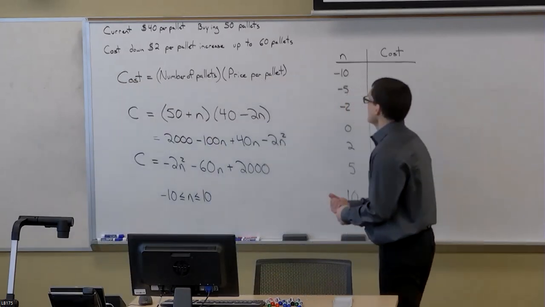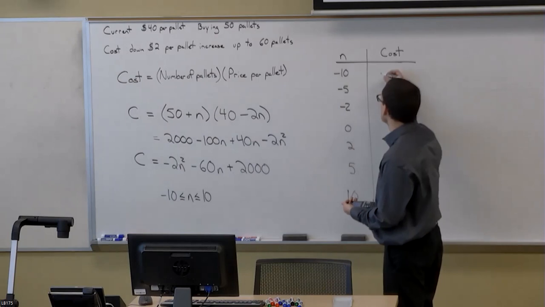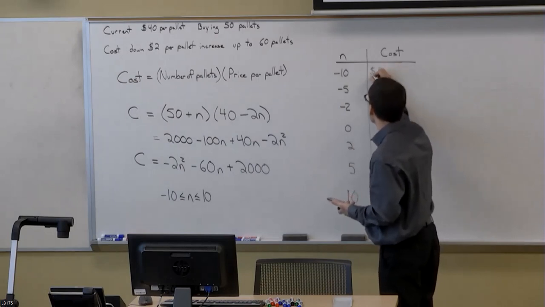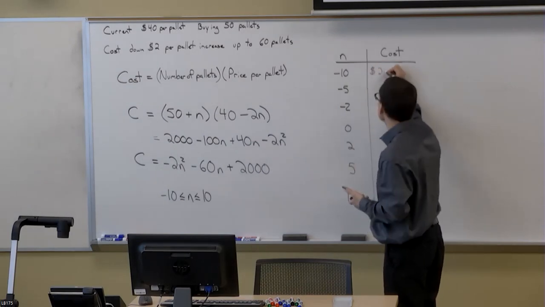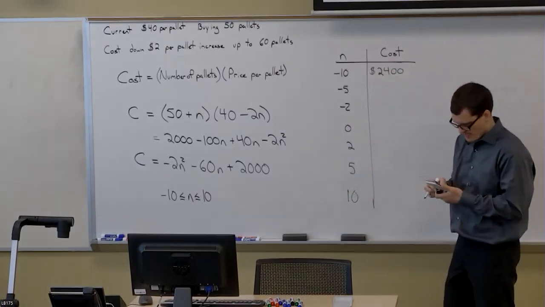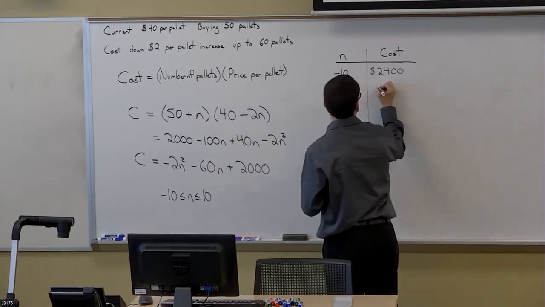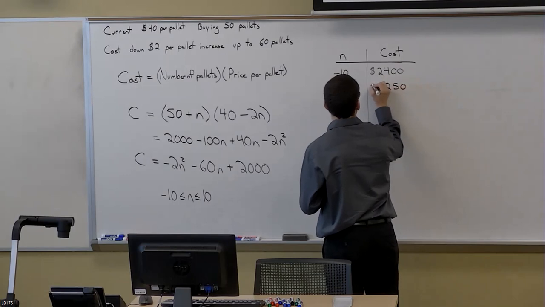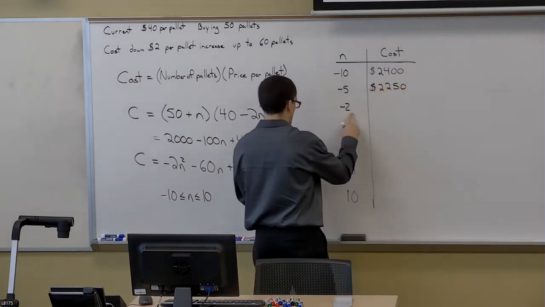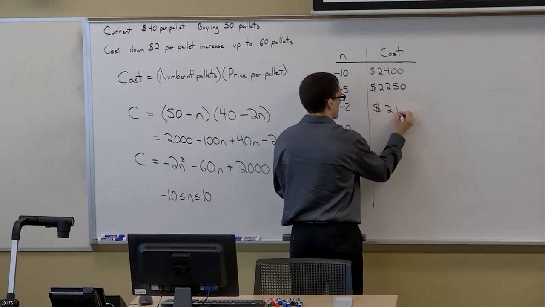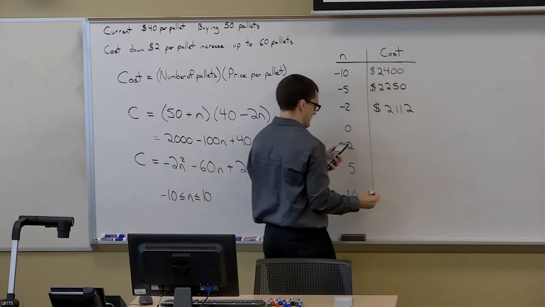When I did this, when n is negative 10, the total cost is 2,400. When n was negative 5, I get 2,250. When n was negative 2, I get 2,112.